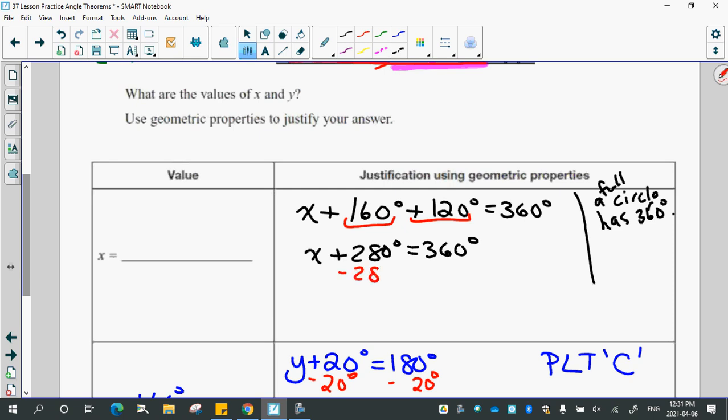Subtract 280 degrees on both sides. So you get 80 degrees. And make sure you put it on your chart slide as well.